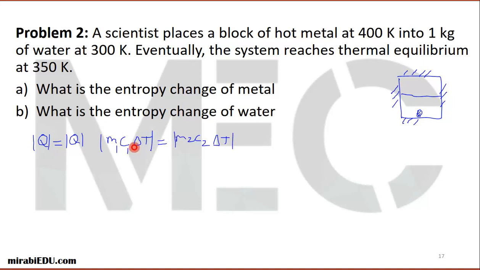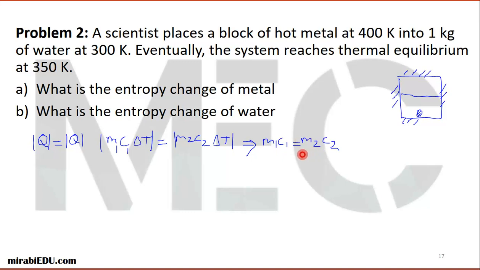Delta T in both cases is the same because the final temperature is the mean. So the delta T in both cases is 50, so we can understand that the magnitude of m1c1, which is the heat capacity, is the same in both cases.